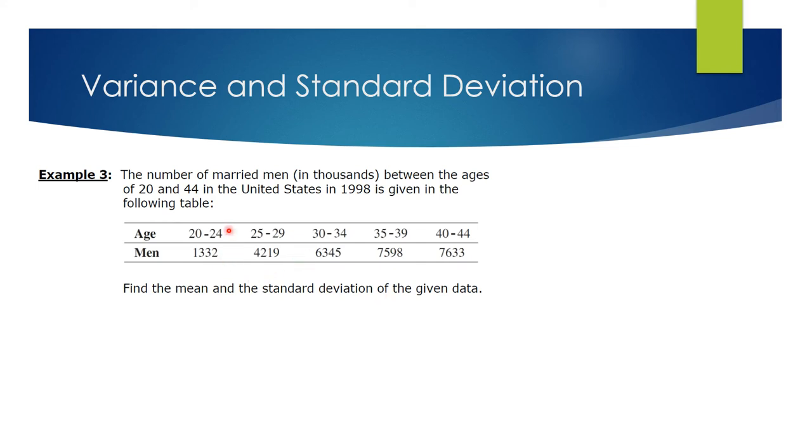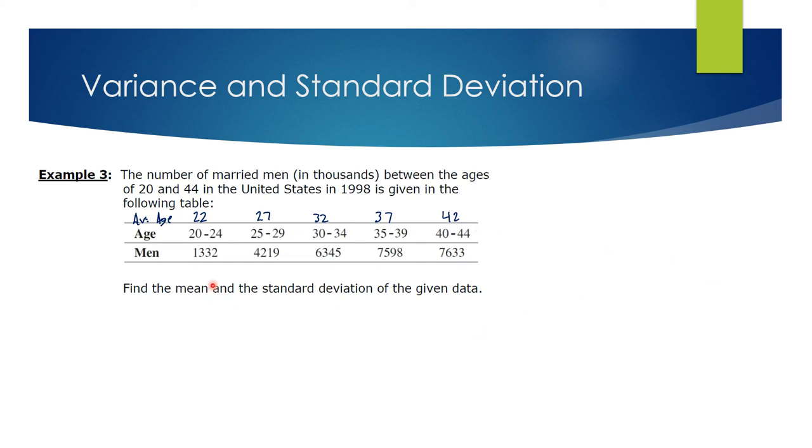So basically what you do is average these two numbers for each one of these. If I average 20 and 24, I get 22. Do the same thing for 25 and 29, I get 27. You kind of see the pattern at this point. So these would be the numbers I use as representatives as my X value. So I take the average age for each one of these subcategories.